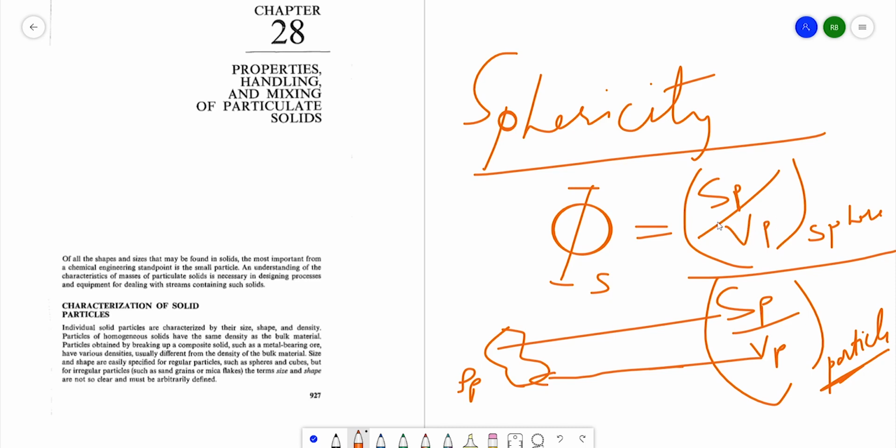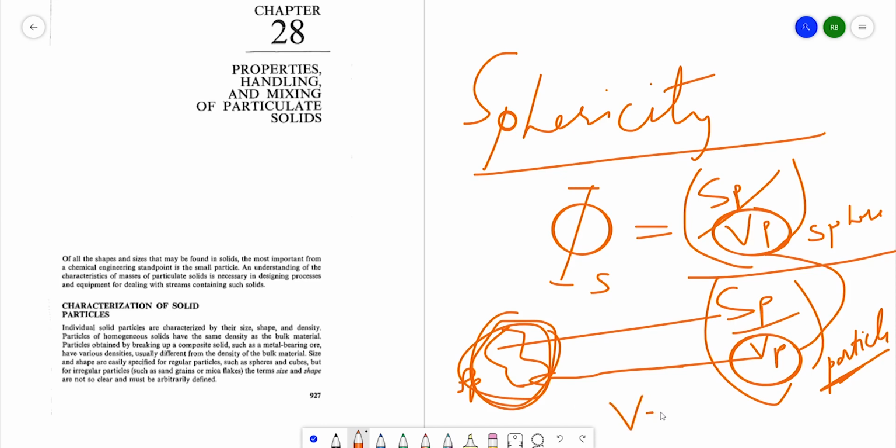This volume is equal to the volume of this particle. If this particle has a volume V, and if I take this volume and shape it into a sphere, what will be the diameter of that sphere? So this is the definition of sphericity.